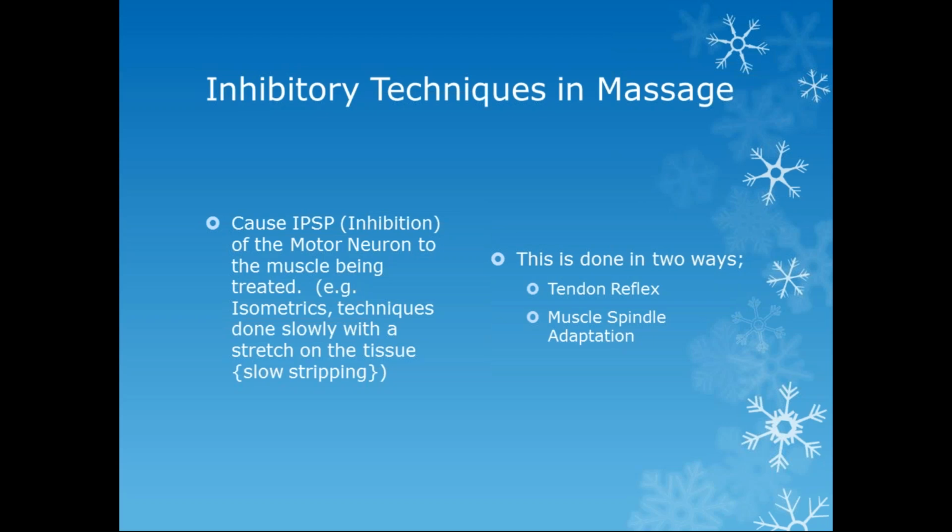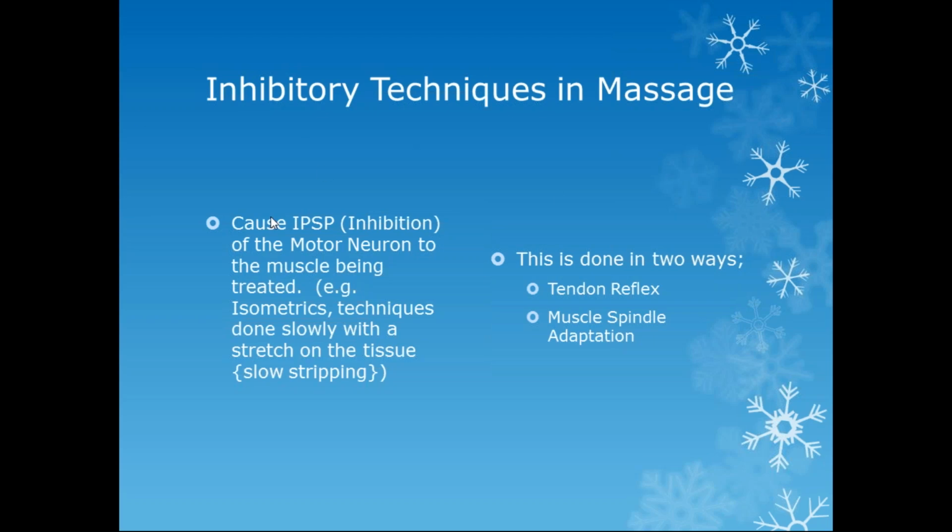You want to take that pull off the muscle spindle, and we use the tendon reflex to do that because that's going to cause that inhibition. That takes the pull off. But any of the techniques we do, we want to do deep and slow so that we can get that bunching up in front of our hands as we're working, with a slight pull on the tendon.